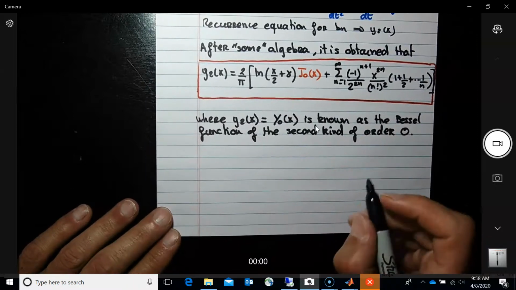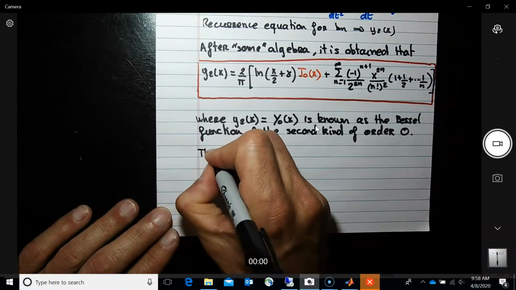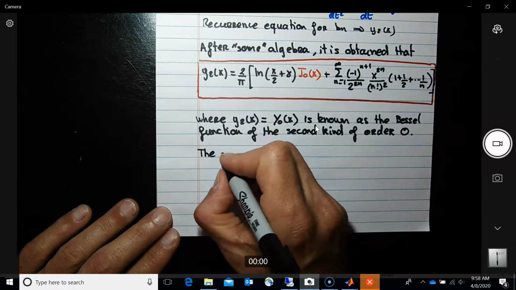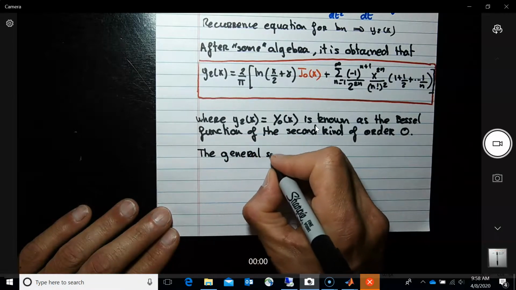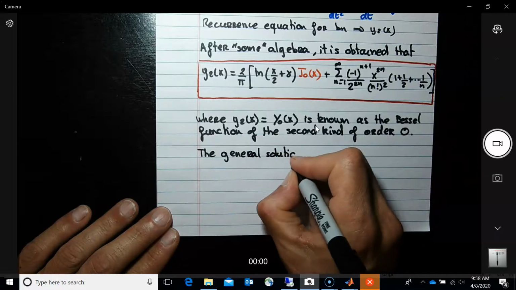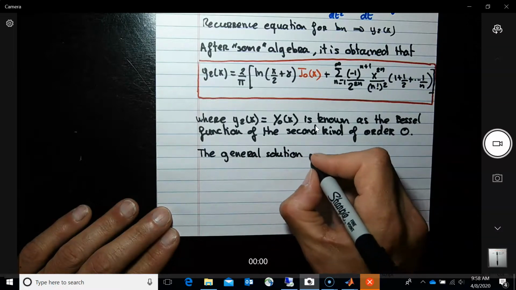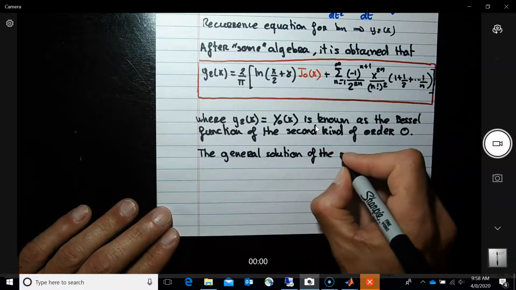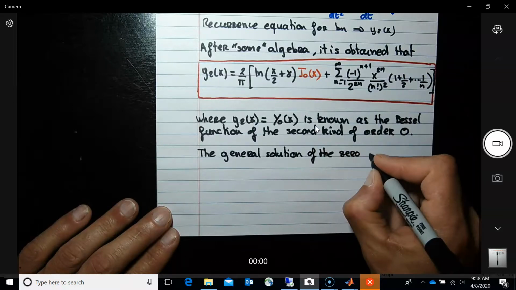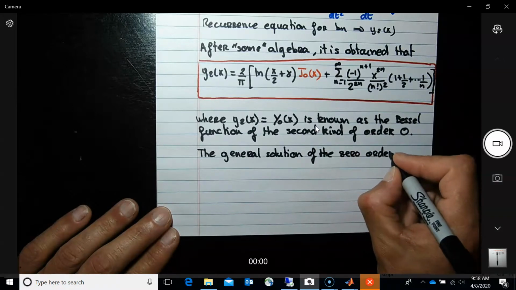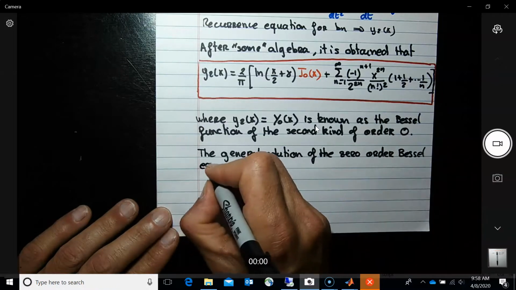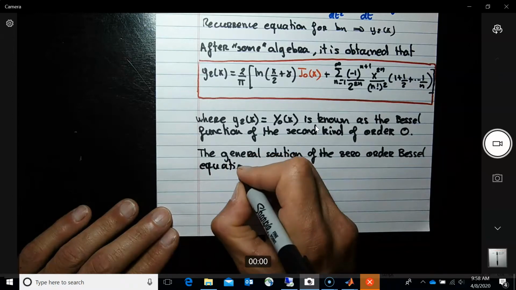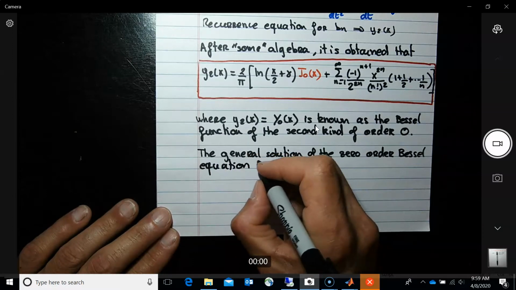So now we can say the final solution, or the general solution, of the order 0 Bessel equation is what?